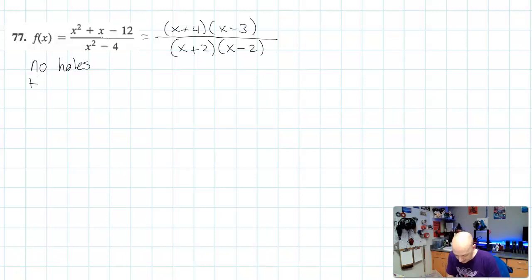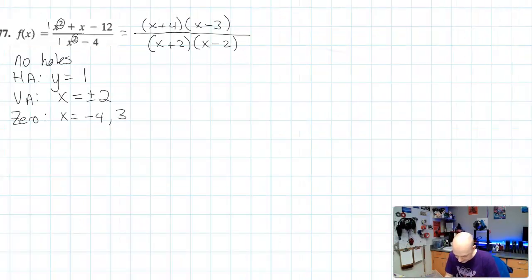We have a horizontal asymptote, equal degrees, so we have a horizontal asymptote of y equal to 1. Vertical asymptotes. We have two denominators, so we have a vertical asymptote at x equals plus and minus 2. And we have two zeros at x equals negative 4 and positive 3.